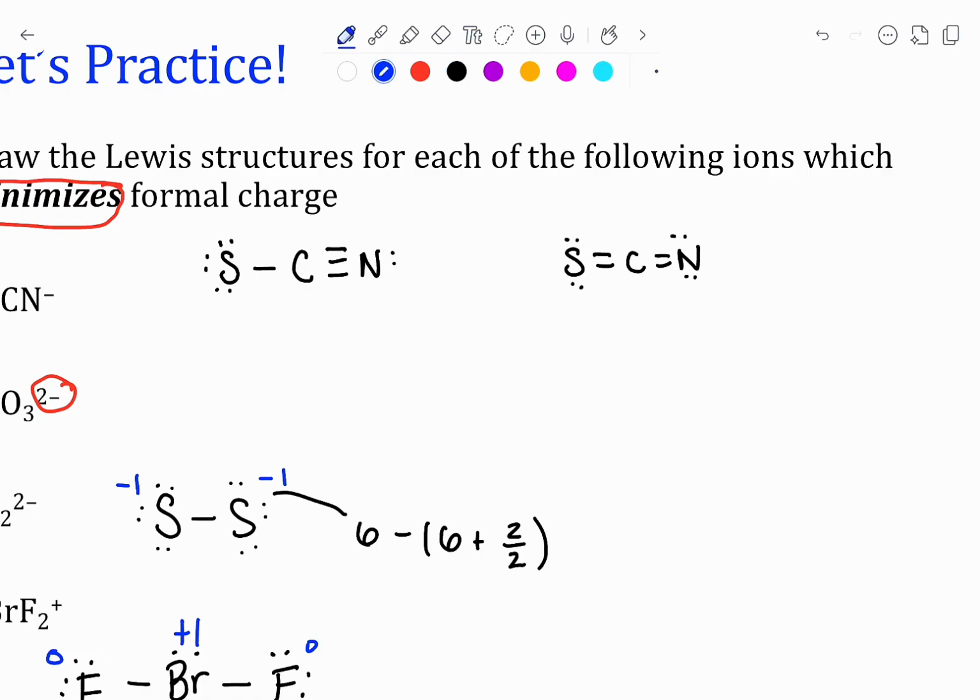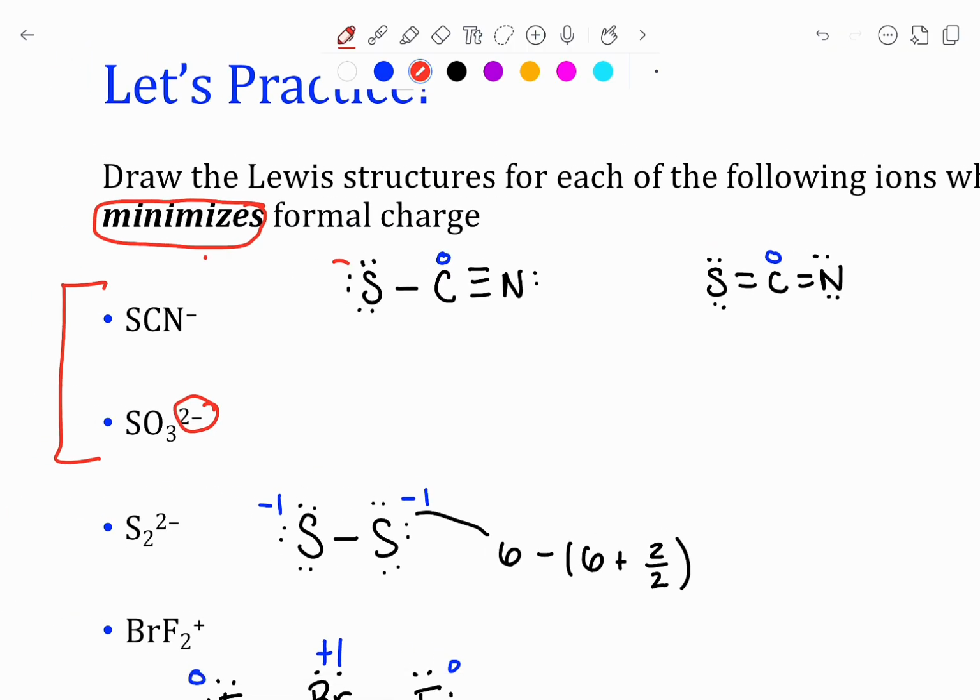Each of these carbons is going to have a formal charge of 0, as we saw in our previous examples. That's how it wants its formal charge when it has 4 bonds and no lone pairs. We already calculated that. For our sulfur here, I have 6 valence electrons minus 6 in lone pairs, minus 2 divided by 2 for bonds, which gives it a formal charge of -1.